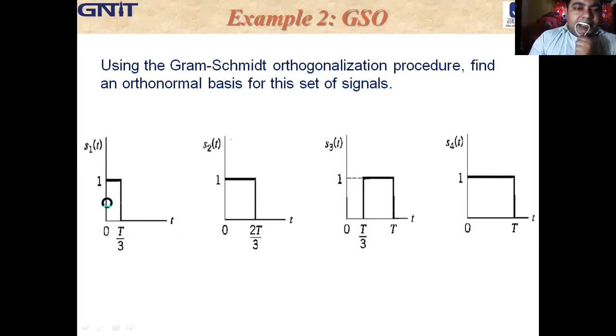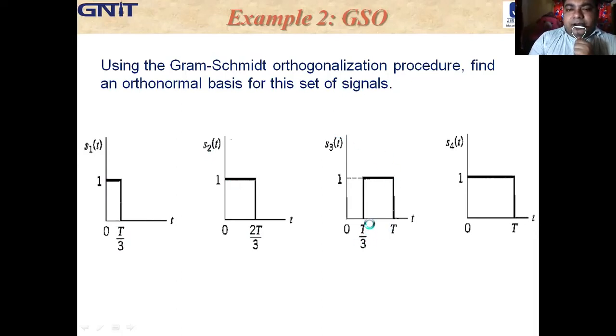S1(t) exists for 0 to T by 3 time period and it has an amplitude of 1 unit. Similarly, S2(t) exists for 0 to 2T by 3 and it has again 1 unit amplitude.